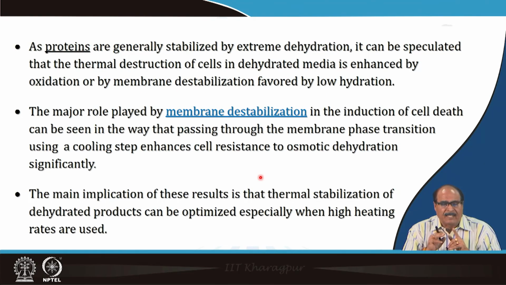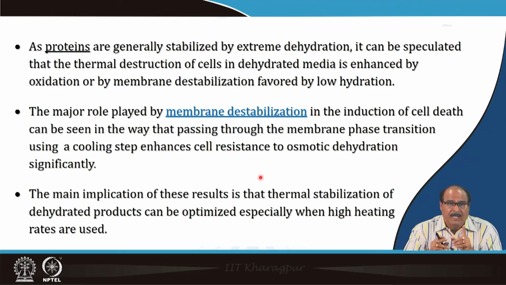As proteins are generally stabilized by extreme dehydration, it can be speculated that the thermal destruction of cells in dehydrated media is enhanced by oxidation or by membrane destabilization favored by low hydration. The major role played by membrane destabilization in the induction of cell death can be seen in the way that passing through the membrane phase transition using a cooling step significantly enhances cell resistance to osmotic dehydration.